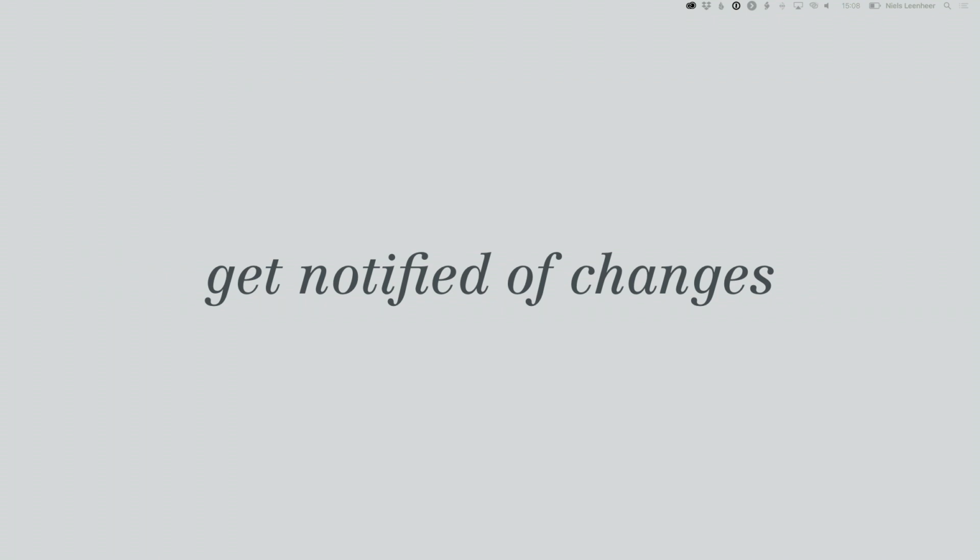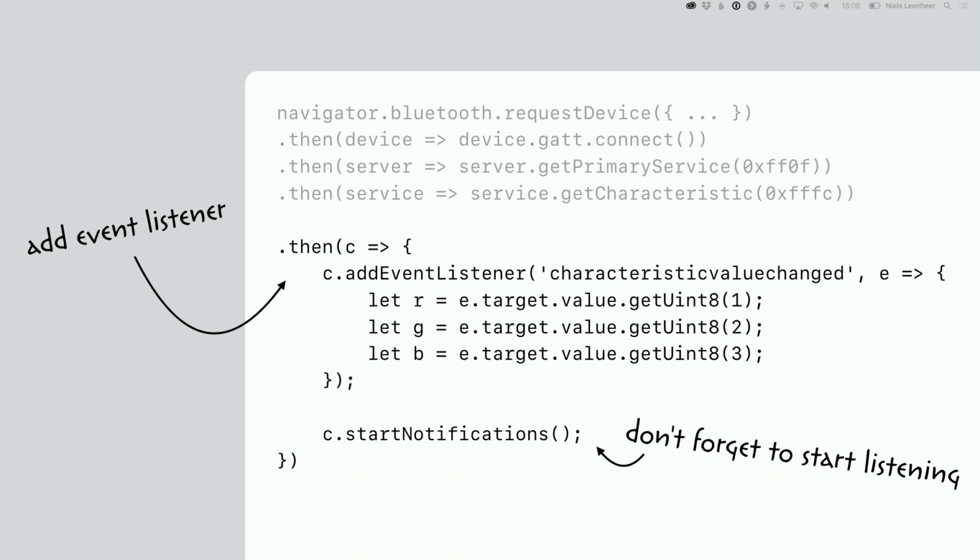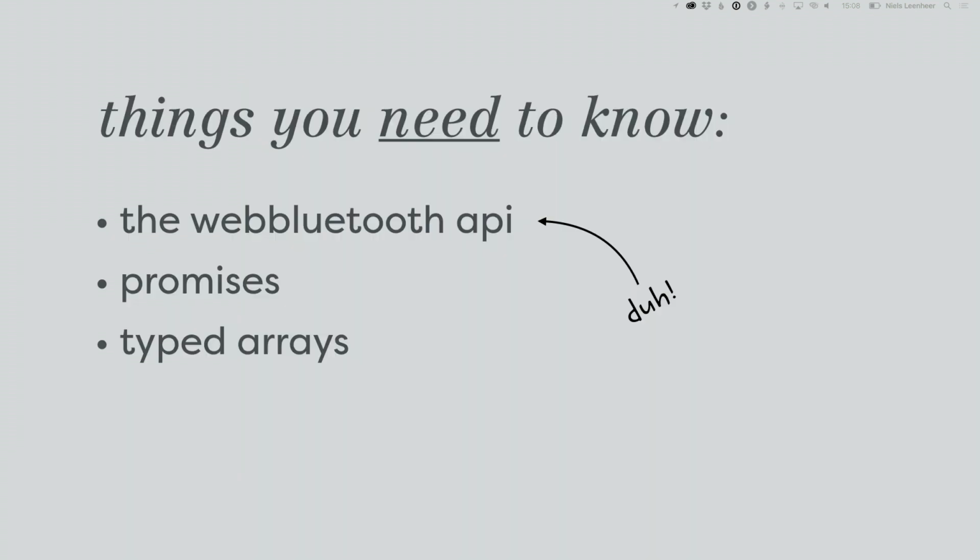We can get notified of changes. This is particularly useful for a heartbeat monitor, for example. We use the characteristic, and we call add event listener on it. And we get the values as a callback. We must not forget to start notifications, because by default it is turned off, because we don't want to flood the Bluetooth network with all kinds of packets that are not necessary.